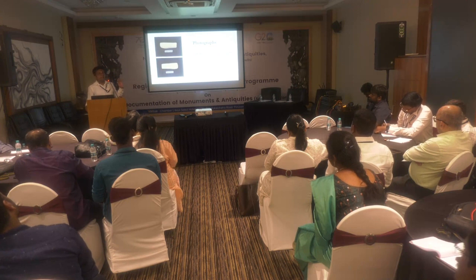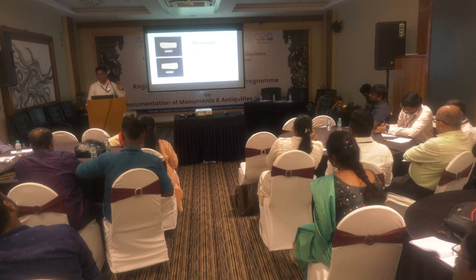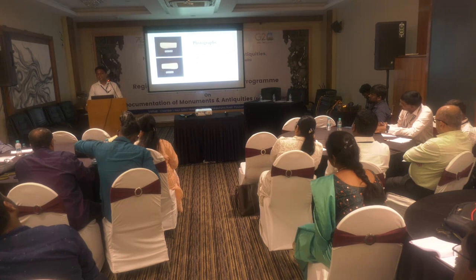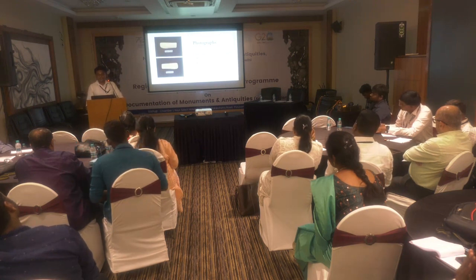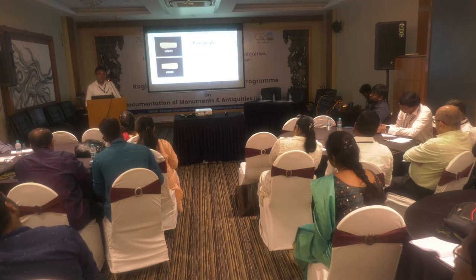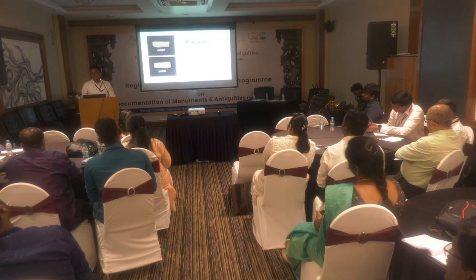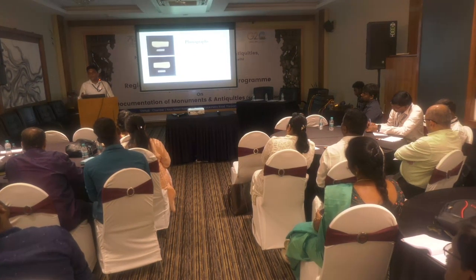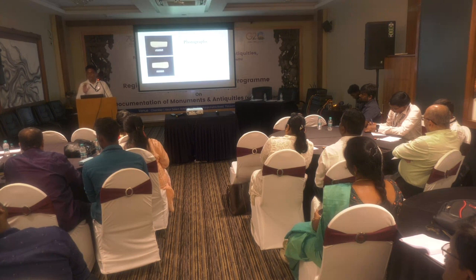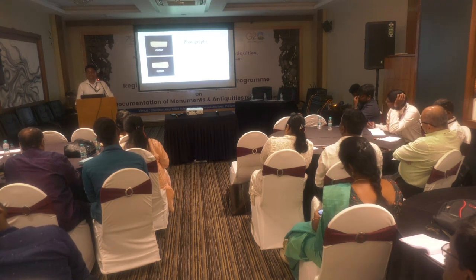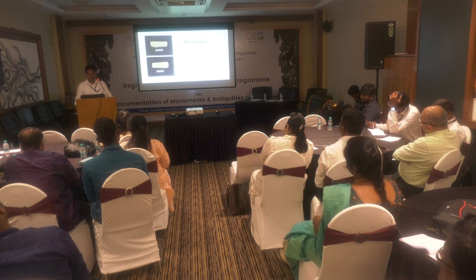So proper archaeological photographs of that antiquity are needed in different angles. It depends on the antiquity also, but each and every angle is needed. Then a proper archaeological scale is also needed, and the background should be proper. If it is a red object, and we use a red background, the antiquity will not show well. So depending on the antiquity, we will shoot the background in a proper manner.